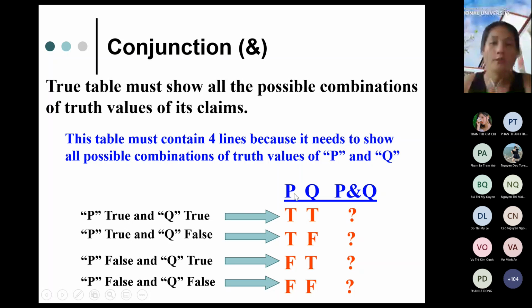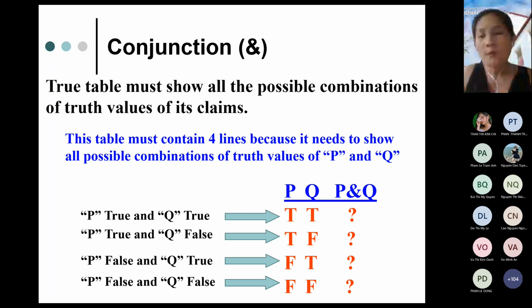The first column, for the first variable, you take double true, double false. If it is 4 possibilities, then take half of the 4, meaning 2 true, 2 false. And then the second column, you take true, false continuously. Then you will make sure that you list up 4 possibilities without duplication, without missing any possibility.